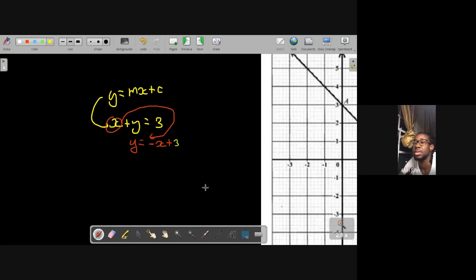Now to make this blatantly obvious, let me write it side by side so you can see what I'm talking about.